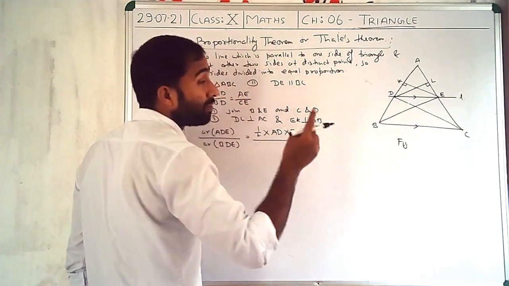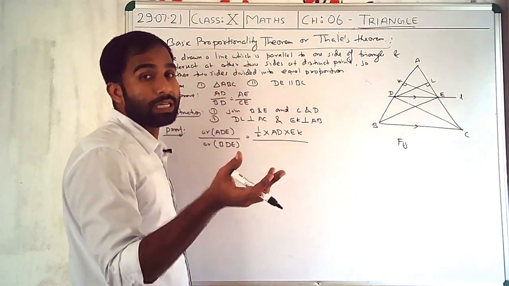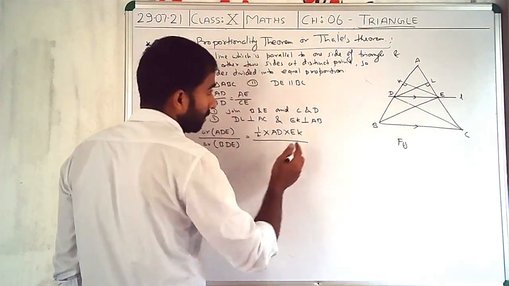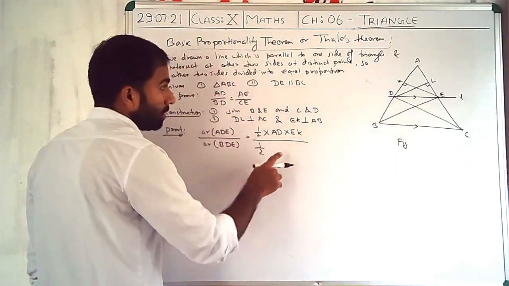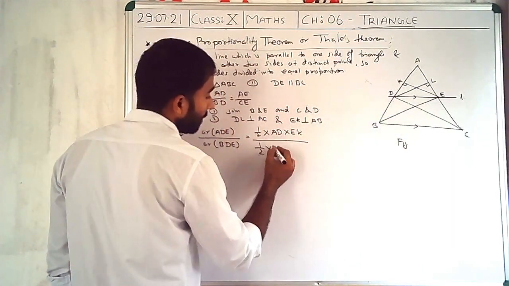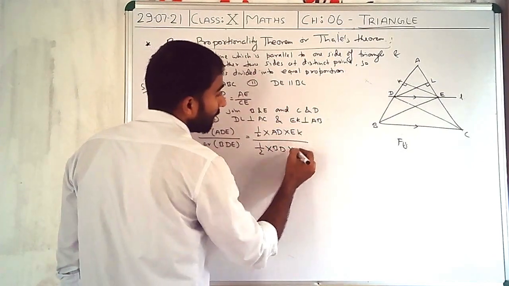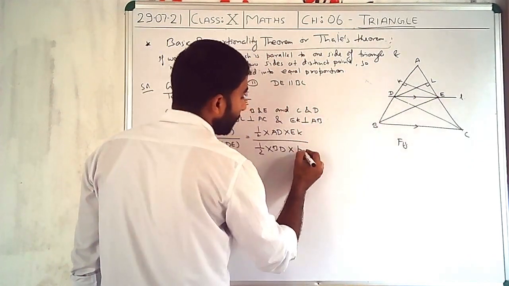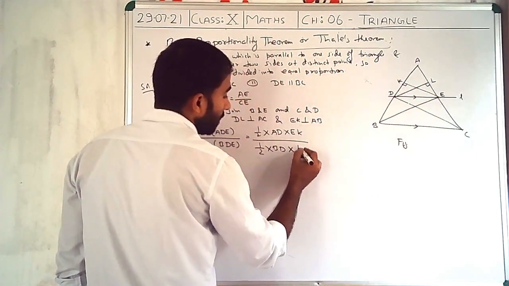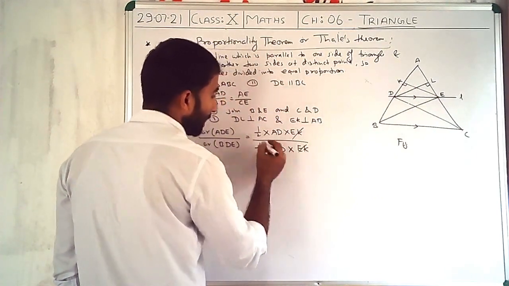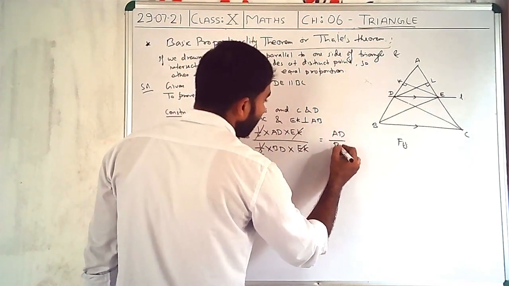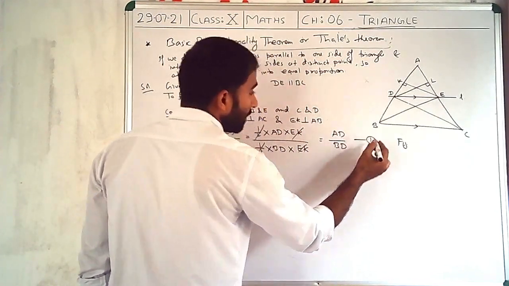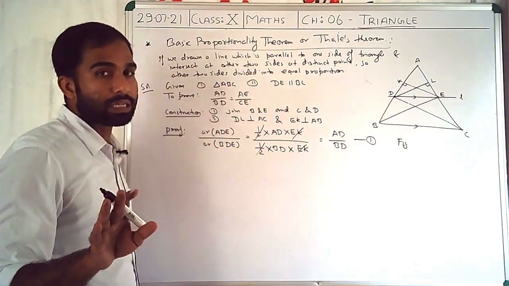So definitely one altitude may be drawn outside. So half, if you consider the base BD, and for BD the altitude will be EK. Now simplify. EK cancels, half cancels. So AD by BD, say equation 1. I hope all of you understood clearly.